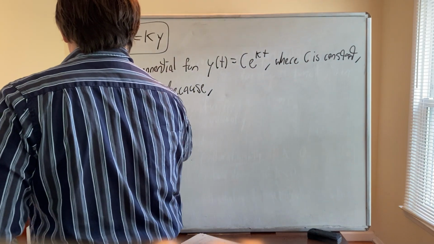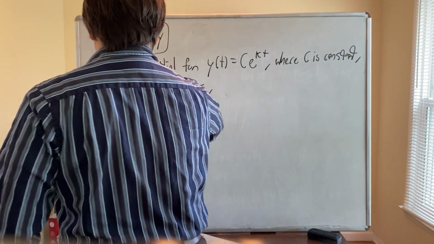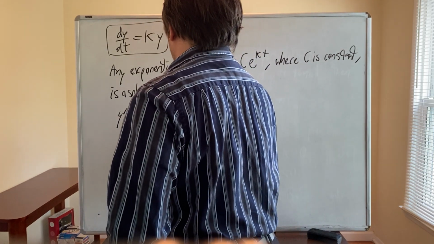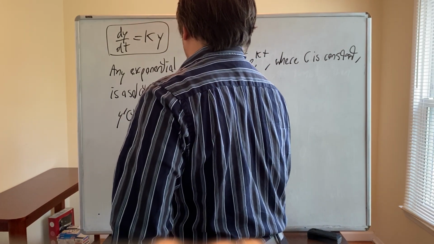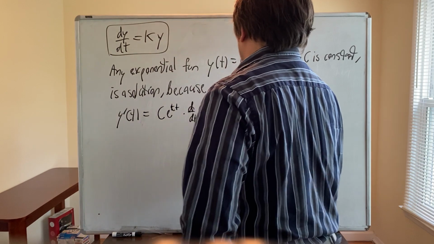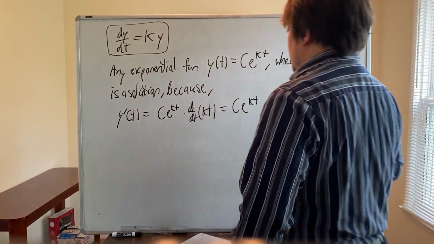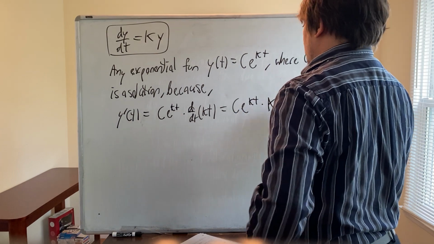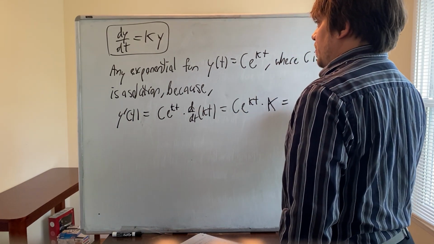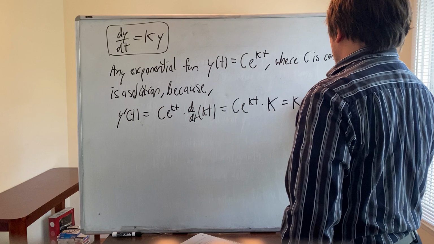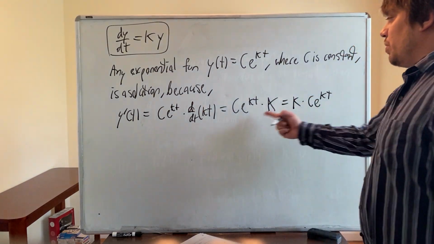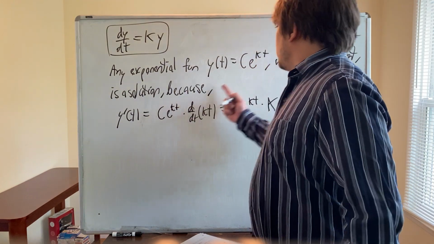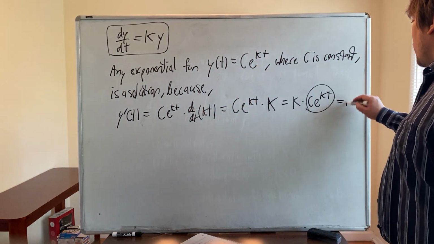y prime of t, which is dy dt, is equal to the derivative of c e to the kt. That's c e to the kt times the derivative of kt, which is k. Well, that's equal to k times c e to the kt, just rearranging the terms. c e to the kt is y, so this equals ky.